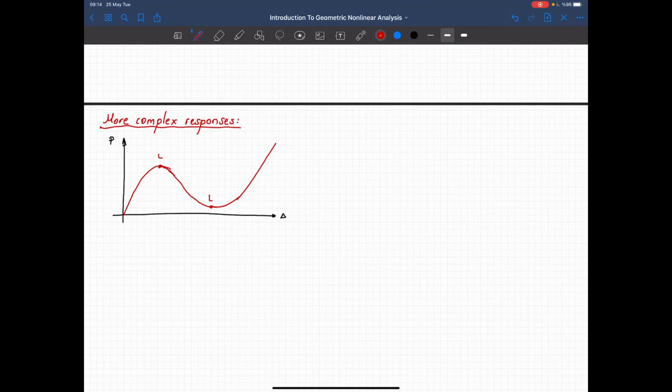Okay, so between these two points, we have an unstable structure. And here the structure dynamically takes off. But as it continues to deform, it catches another limit point and becomes stable. It starts to carry the applied loading again. Okay? And then, after that huge deformation, it finds enough resistance to carry the full loading. So this type of behavior is called snap-through response.